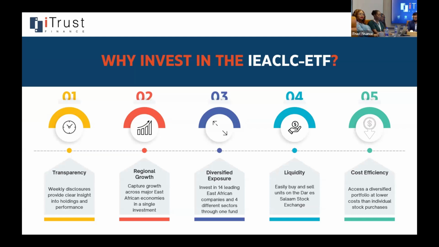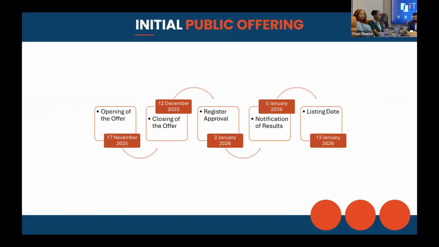And then it's also cost efficient. As Azan mentioned, you do not have to worry about looking for a custodian outside, opening a brokerage account, having to exchange your funds from, say, Tanzanian shillings to Ugandan shillings or Kenya shillings, looking for a broker and to buy the stock. So we are making it convenient for our investors to be able to enjoy all these securities in one basket.